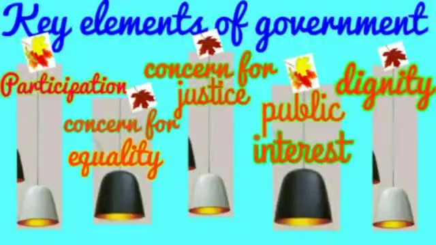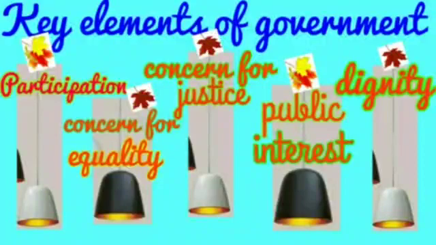Next is the public interest. In a democratic country, nothing should be done to please or satisfy any particular individual or community. Everything should be done keeping in mind the public interest or the interest of all. Last is the dignity.